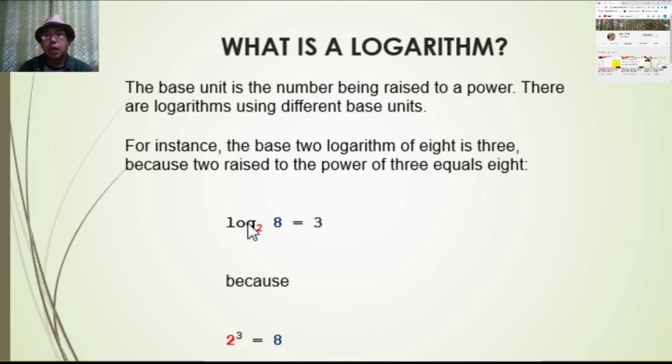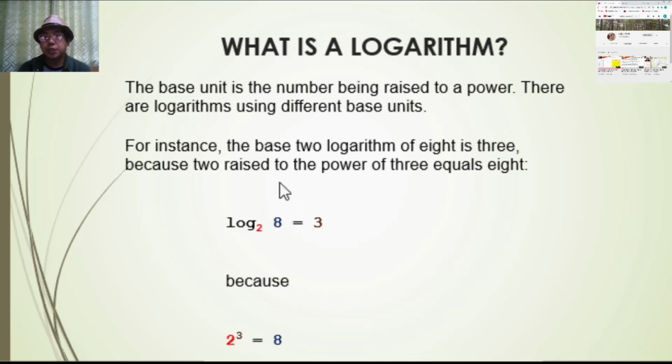Again, when we have in here the base 2 logarithm of 8 is 3, that is written as log of 8 to the base 2, or log of 8 with a base of 2, which is equal to 3. Now, when we are going to put that one into an exponential form, that is the same as 2 raised to 3 is equal to 8.